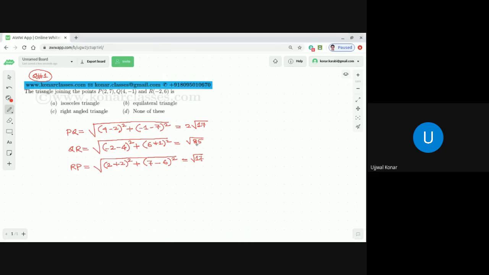So from inspection, this implies that 85 is equal to (2 into square root of 17) whole square plus (square root of 17) whole square. So what do we get? It is a right angle triangle.